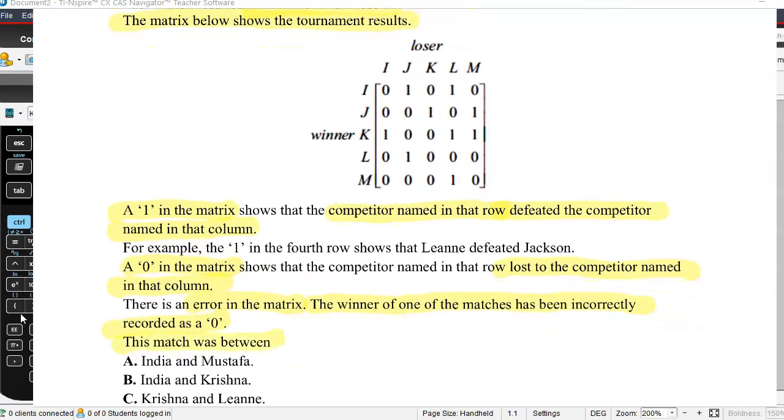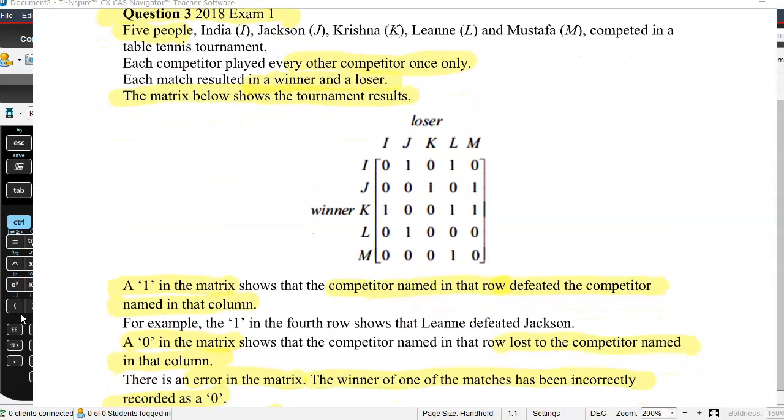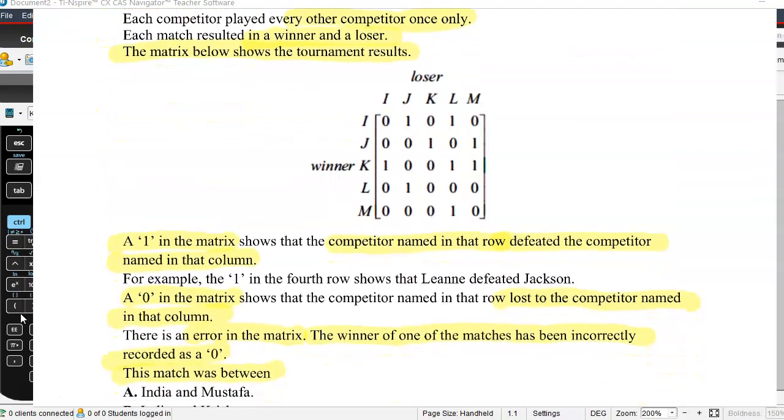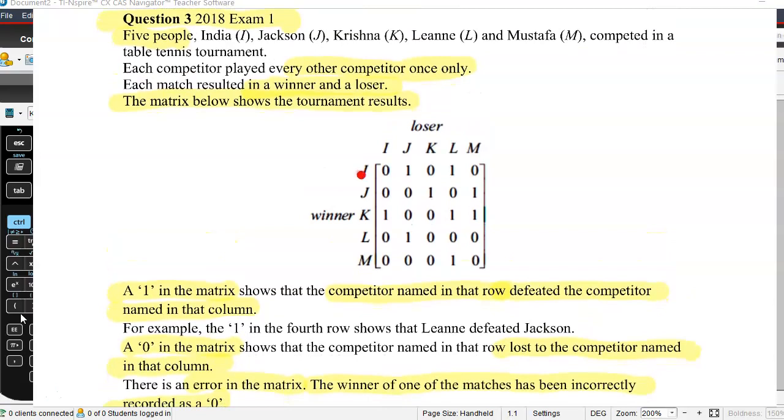This match was between. Okay, so how are we going to tackle this? Well, let's go through and see if everything makes sense. By the way, here you can see that India playing India, they've just put that as a 0 because you can't play yourself, so you can't beat yourself, basically. So that's why that leading diagonal is 0.